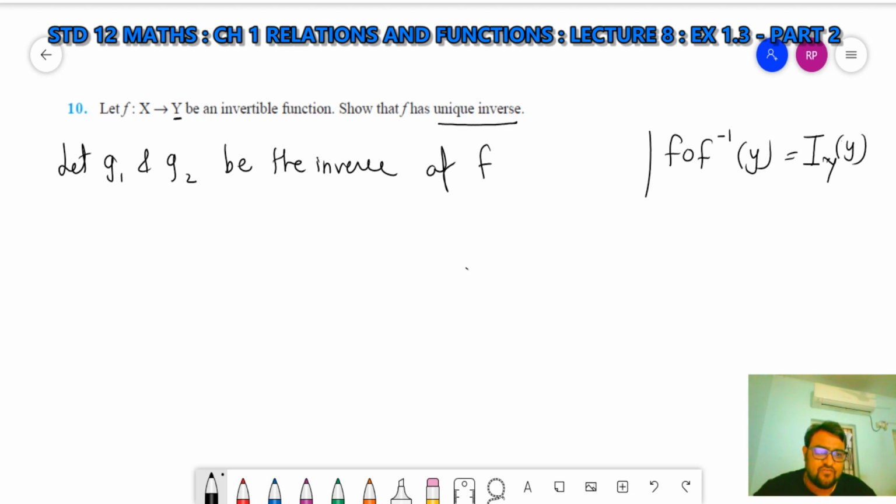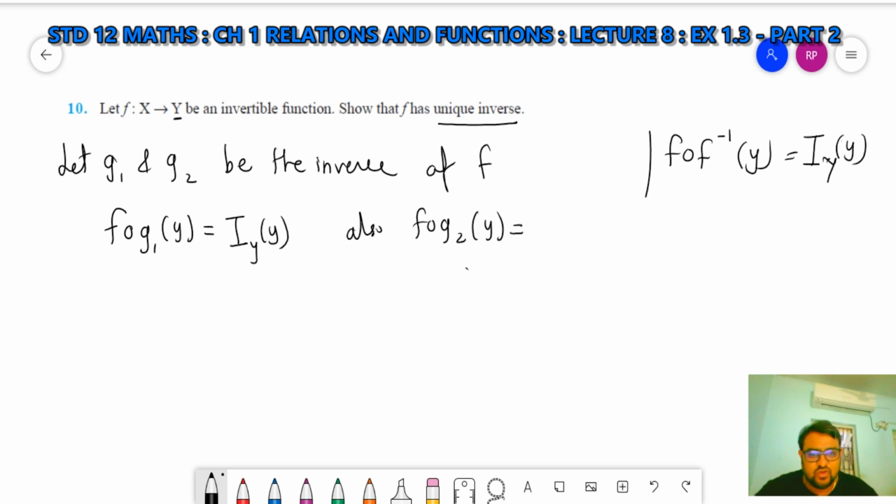We know that f o f inverse equals the identity function. So I can write down here that f o g1 of y will be equal to the identity function of y, I_Y. Also, f o g2 of y will also be the identity. Right? Clear?